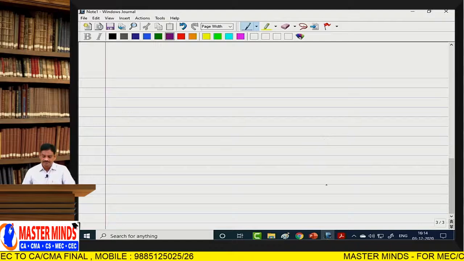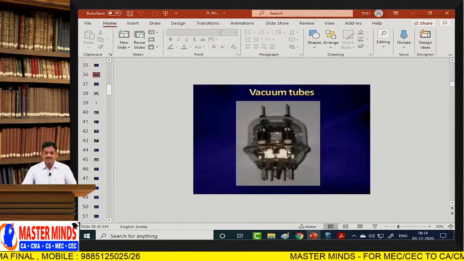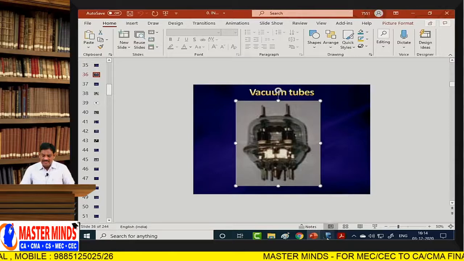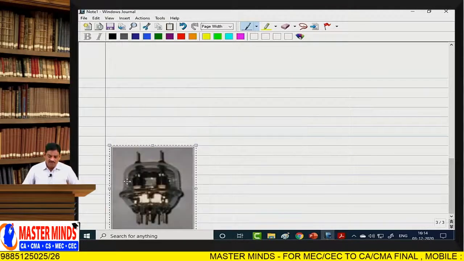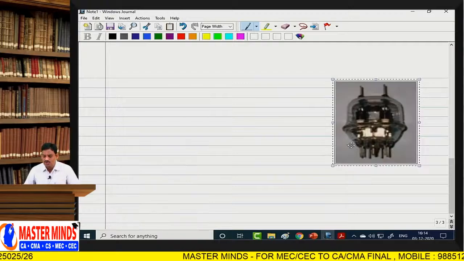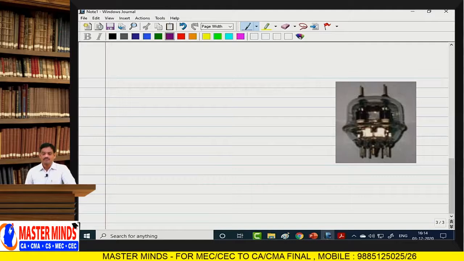See, in the case of first generation, we used to have circuitry in the form of vacuum tubes. This is known as a vacuum tube. It is a glass tube.